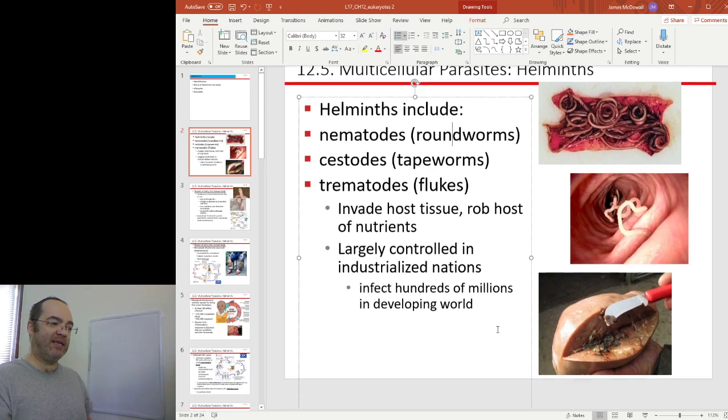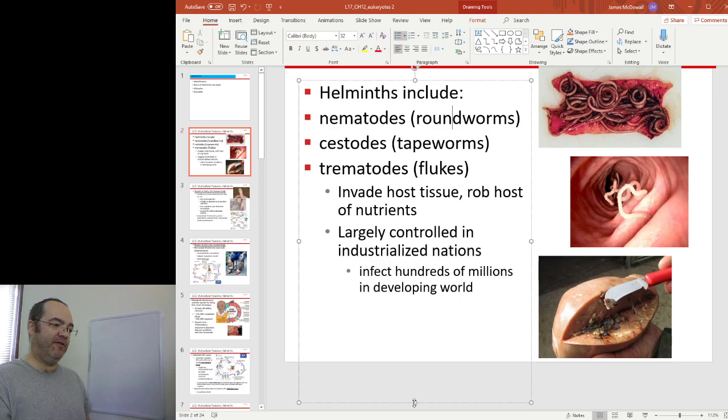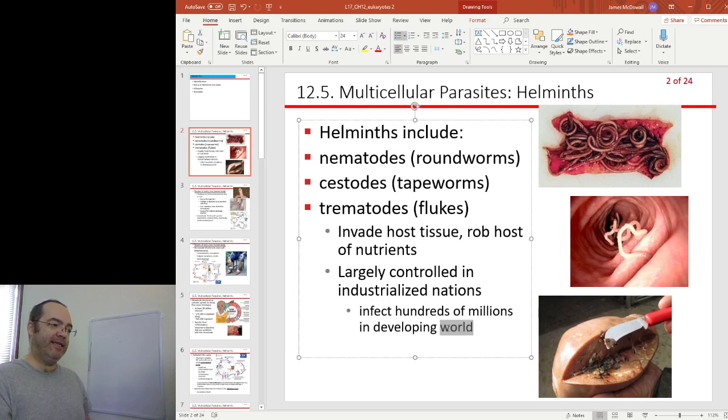Another important aspect of these infections spreading is sanitation. A lot of these infections are spread in feces. A lot of these life cycles involve the worm getting into an animal host and then shedding eggs in the feces of that animal.